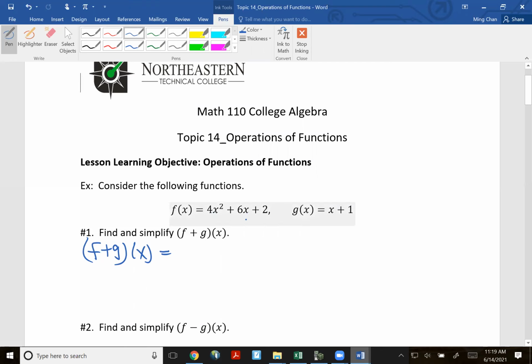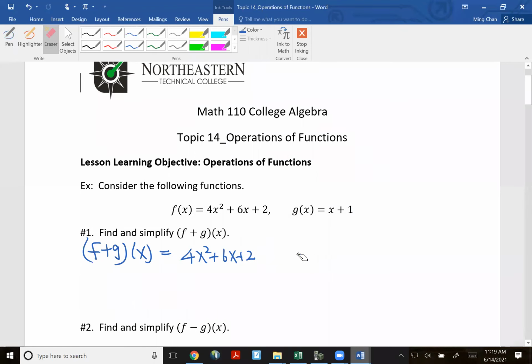So function f is 4x squared plus 6x plus 2. We'll now add on function g, which is x plus 1. Technically, I'm supposed to put a parenthesis right here because function g is two terms representing one function. But if I put a parenthesis here, positive 1 will distribute, and I will still end up with positive x and positive 1.